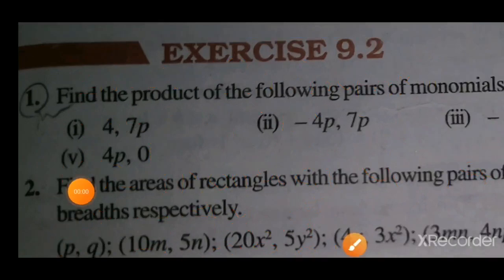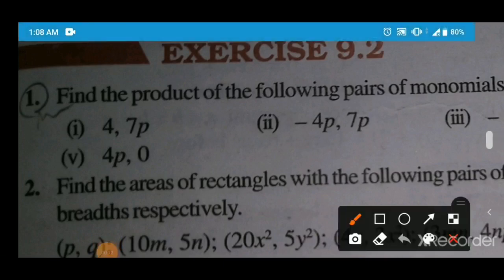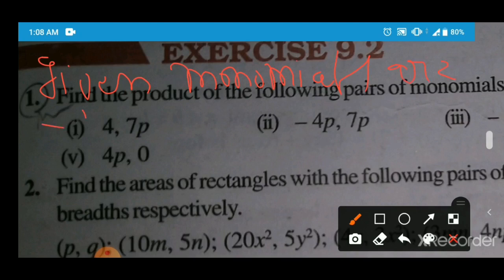This is now the part second of question 1. Find the product of minus 4p and 7p. Once again we write given monomials are minus 4p and 7p. So the product of this is minus 4p multiplied by 7p.